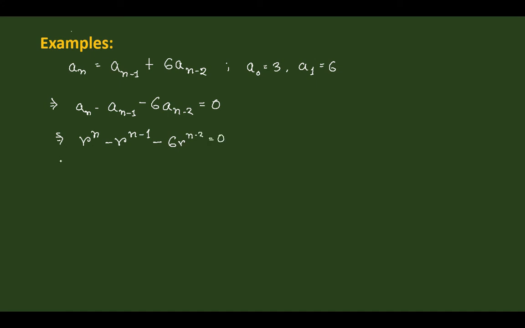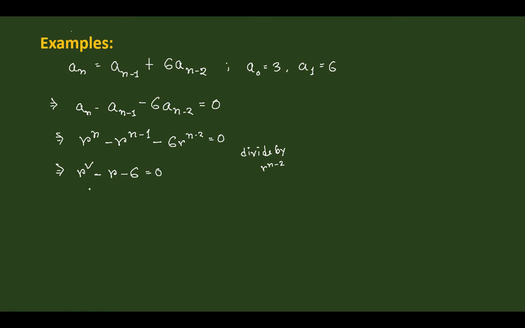Now what I'm going to do, I'm going to divide this by r to the power n minus 2. That is the smallest term, and that's how you have to do it for all the sequences. So it would be r square minus r minus 6 equal to 0.